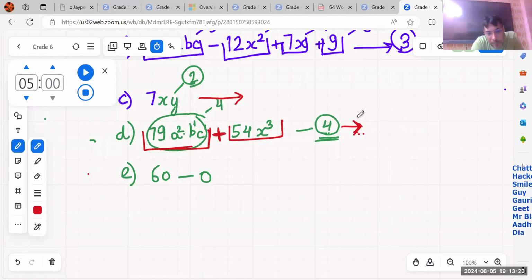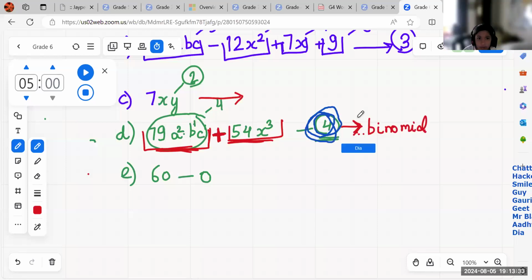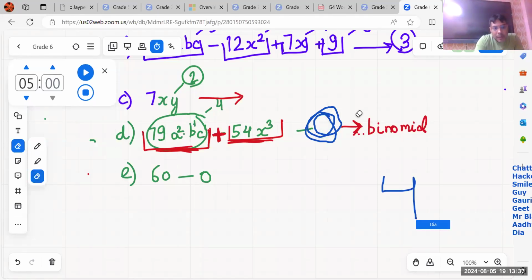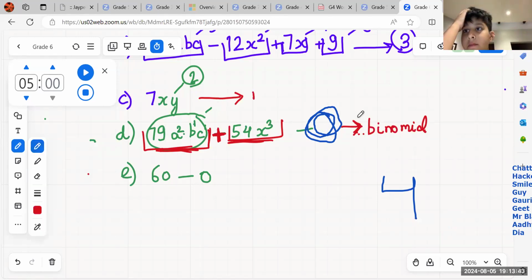It's wrong. This is one term, this is two terms. It will be binomial, sir. Sir, you asked for the C part, this will be monomial, right? You asked for the 4 value. I didn't ask for the 4 value. I asked for the D part. What about the C part, guys? Sir, monomial.